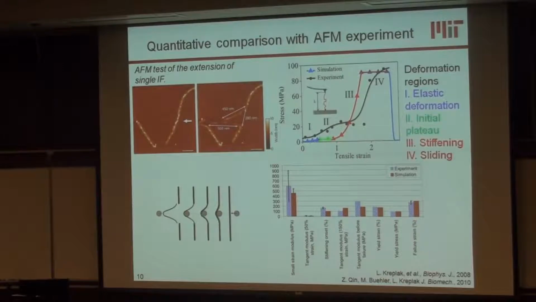The first region is just the elastic deformation of alpha helix. In the second region, the unfolding of alpha helix, and then this stiffening region, that's the structure transition: the alpha helix changes into beta sheet and makes the force much larger.